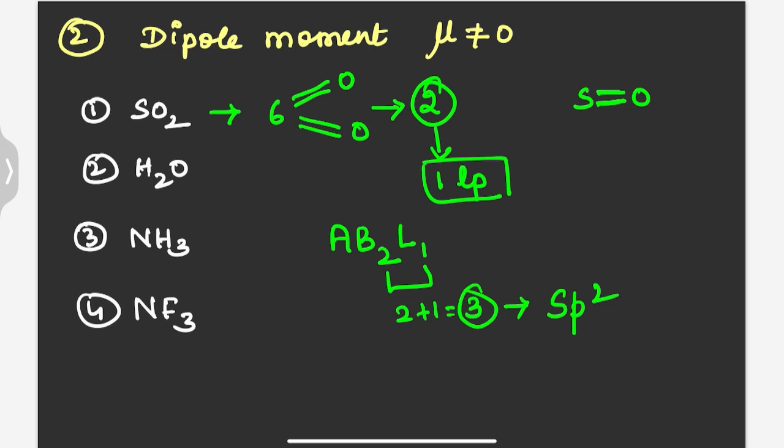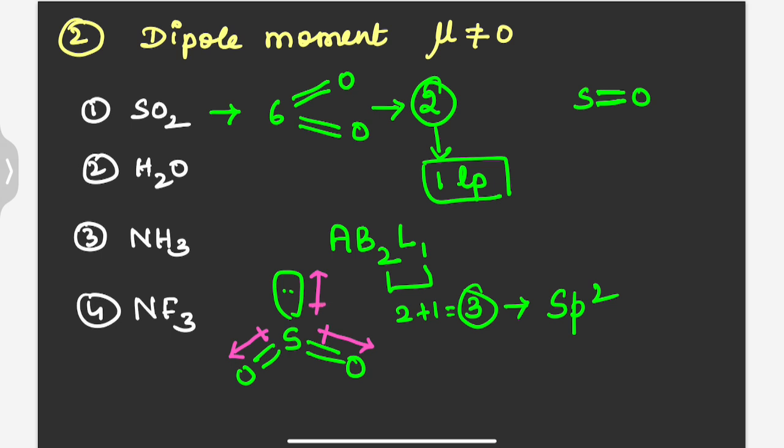If sp2 is the hybridization, you will represent it like this: sulfur, oxygen, oxygen, and then 1 lone pair of electrons. Now the dipole moment: oxygen is more electronegative than sulfur, so you will represent the dipole moment in this direction, and in this direction. For the lone pair of electrons, always remember that the dipole moment will be towards the lone pair, so it will be represented like this.